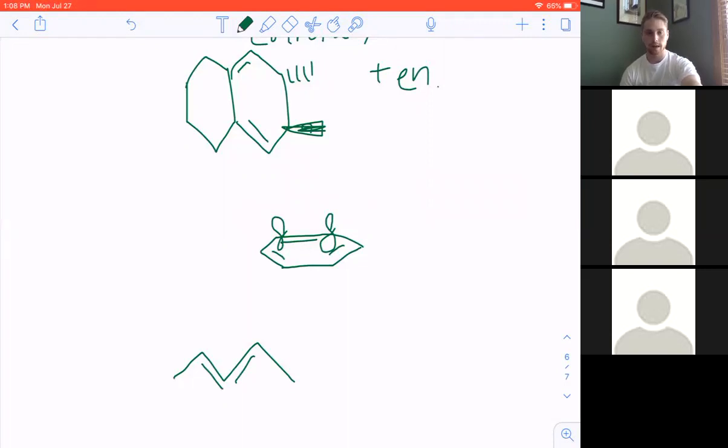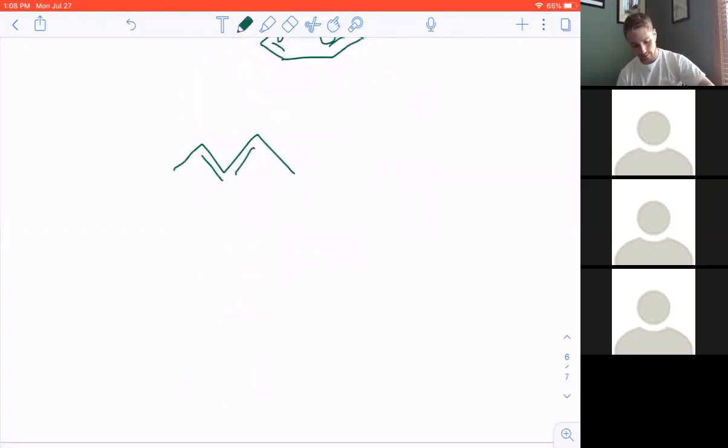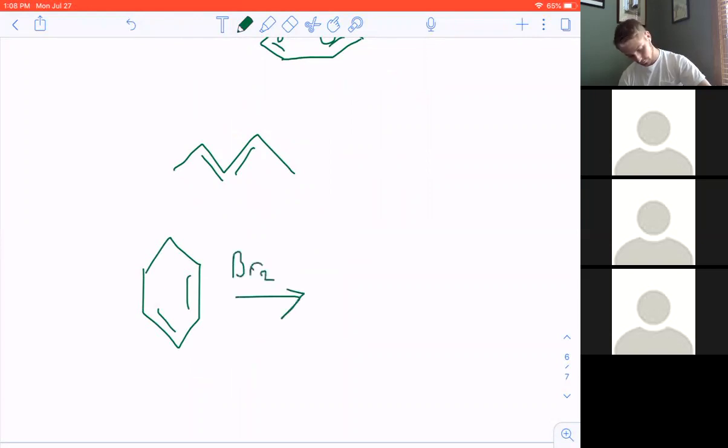Let's see. One of them asks for 2 possible products when you treat this compound right here with Br2 and dichloromethane. How that's going to work is, if you think about how this adds, you're either going to have the 1,2 adduct or the 1,4 adduct. I'm not going to write out the mechanism for this one, but I'll show the gist of it.